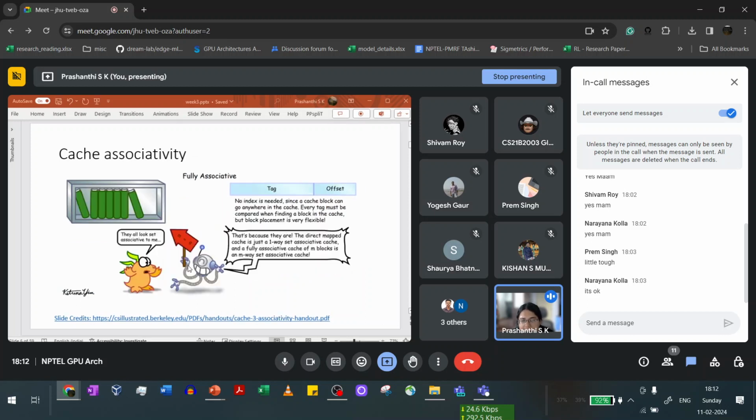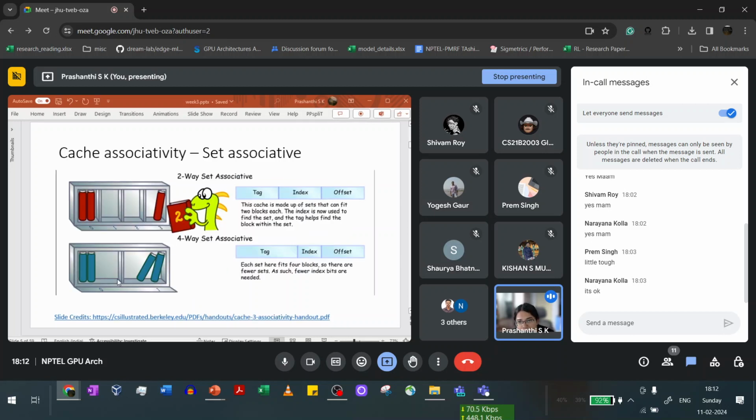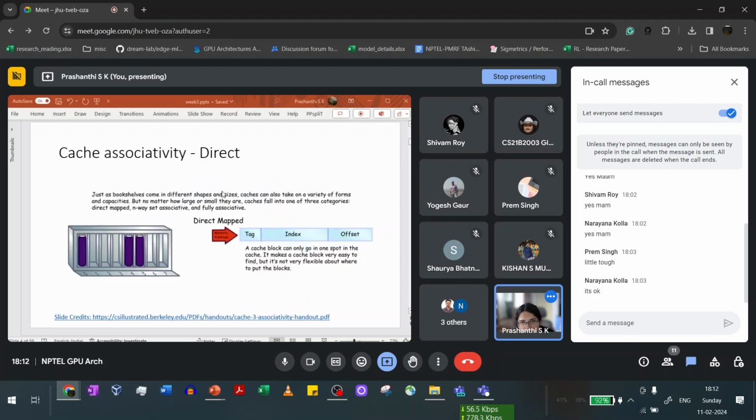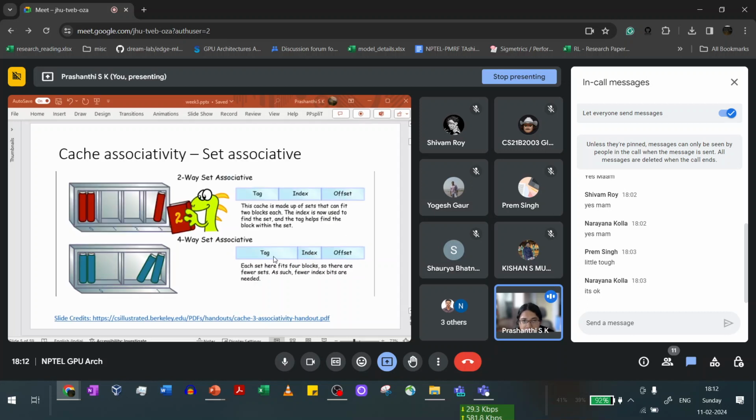And then finally, fully associative. Here in a sense you don't need an index, because every cache block can go anywhere in the cache. So it's the exact opposite of direct mapping, where it's very easy to find a cache block.